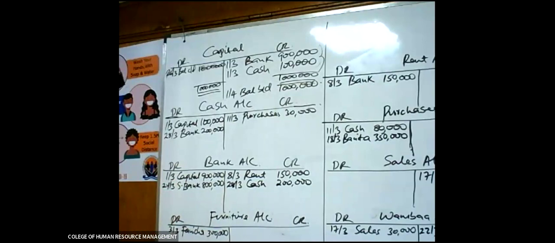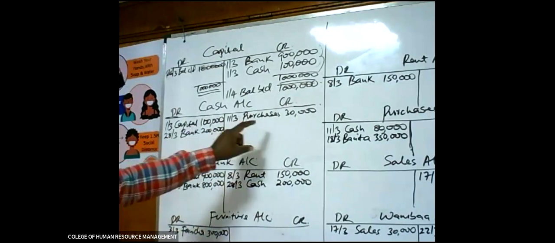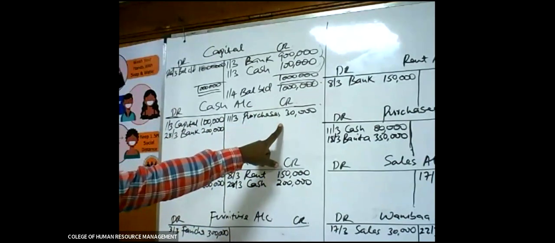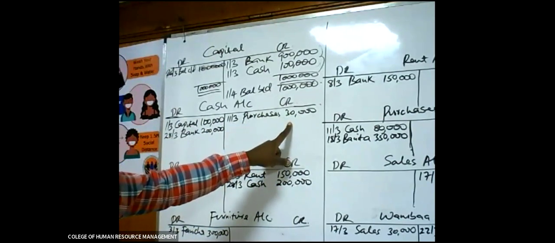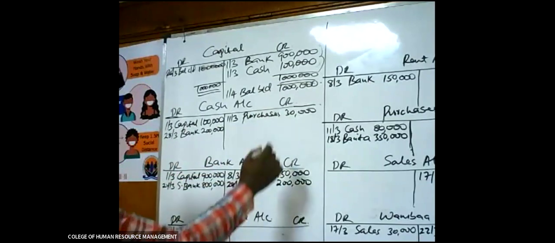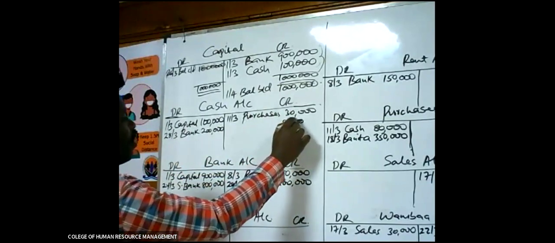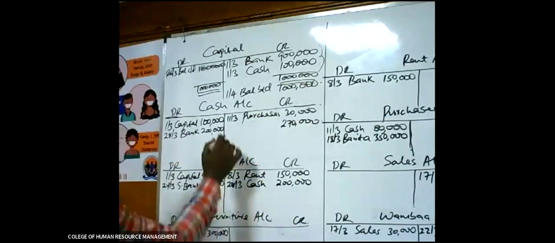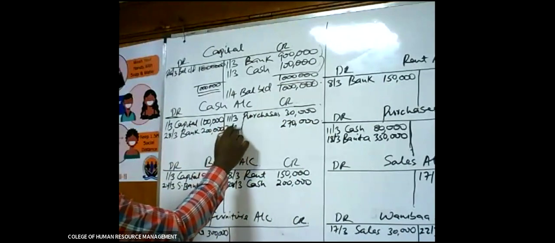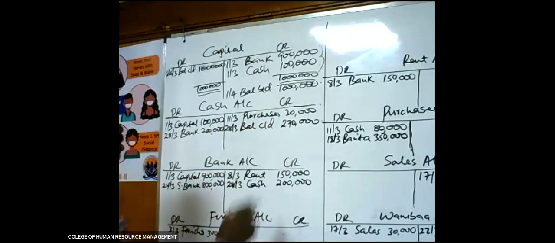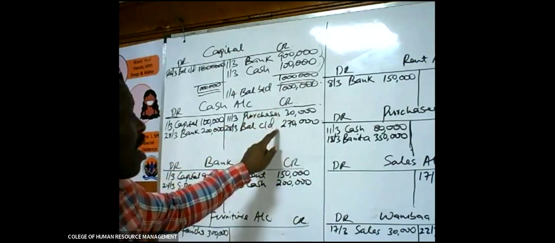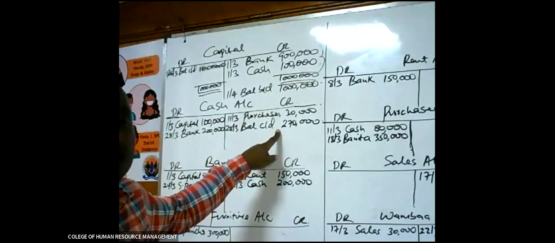Remember that. Like here we have a total of 300,000. Here we have got 30,000. So this side is less. Less by how much? It is less by 270,000. So that 270,000 is the balance carried down. It has been placed there to make the two sides balance. It is here for just balancing, but it is not a credit balance.